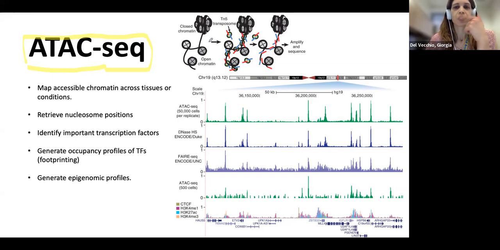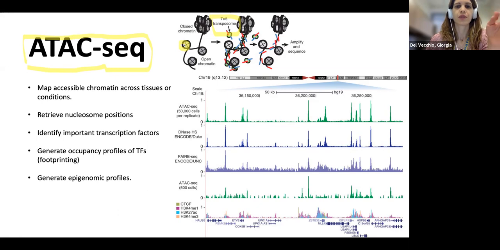In the ChIP-seq, we saw that we were using antibodies to immunoprecipitate the histones or transcription factors. Here in the ATAC-seq, we are going to use a transposon, the Tn5. It's the same enzyme we saw yesterday in the fragmentation, the enzyme that was cutting and adding the adapters in the same reaction.